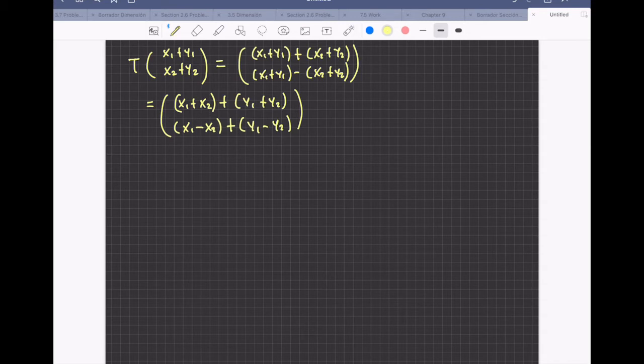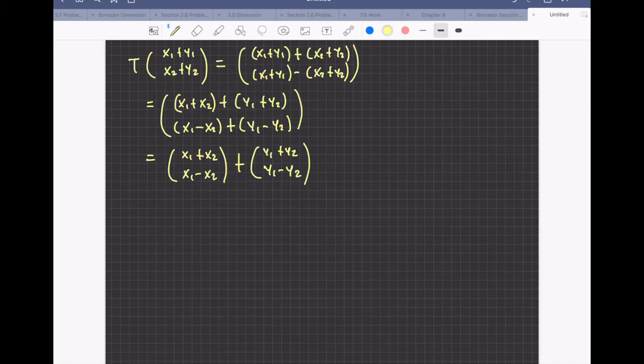That okay? These are elements of R2. So this is the same as (x1 plus x2, x1 minus x2) plus (y1 plus y2, y1 minus y2), because this is how we add elements in R2.